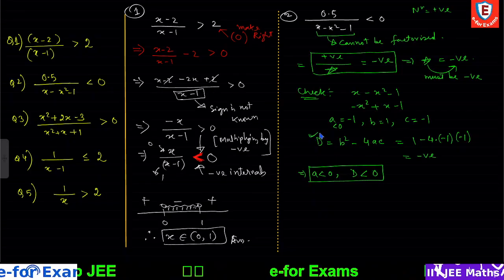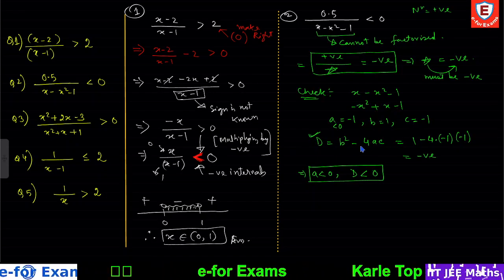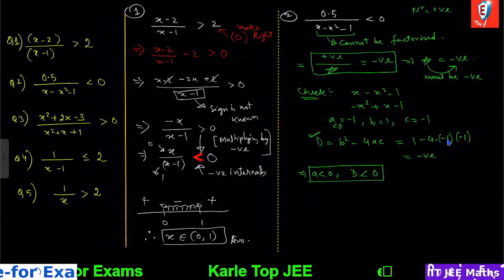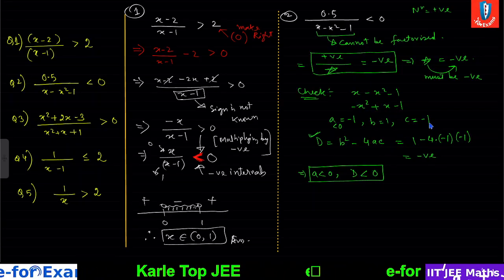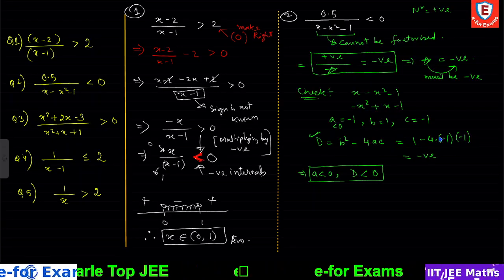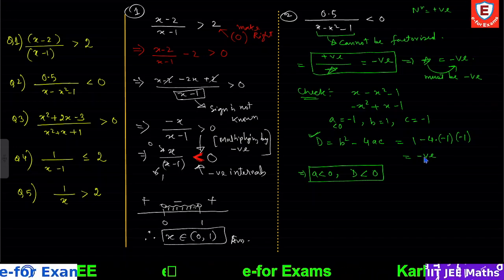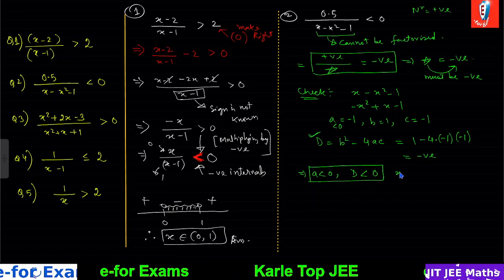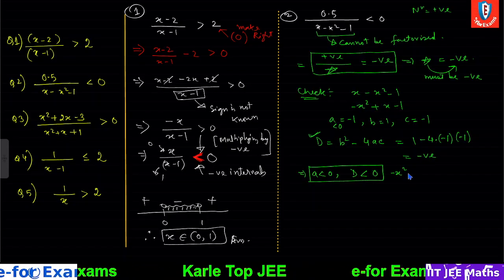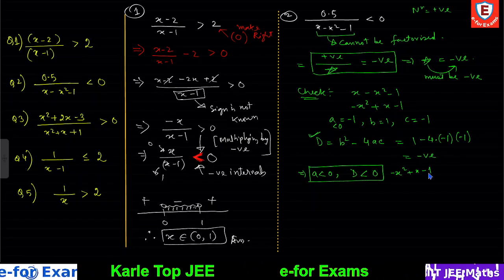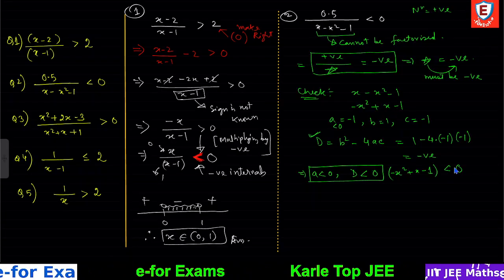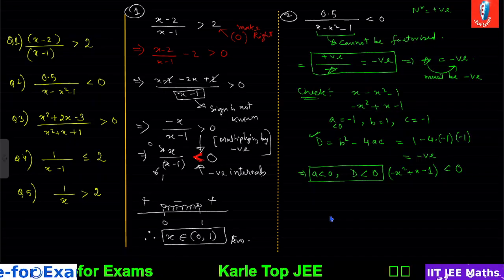So discriminant equals b square minus 4ac, that is 1 square is 1, minus 4 into a which is minus 1, and c is minus 1. Minus minus is positive, again with this minus it is negative. a is negative, d is negative, so minus x square plus x minus 1 must be less than 0, which is true.